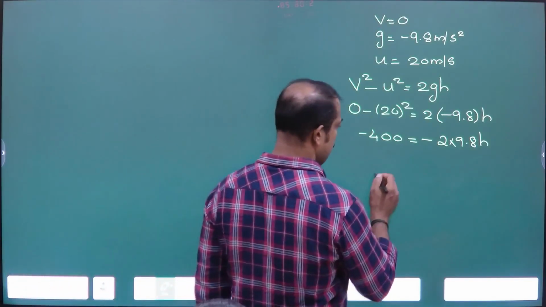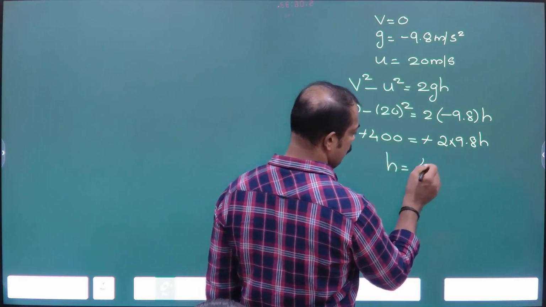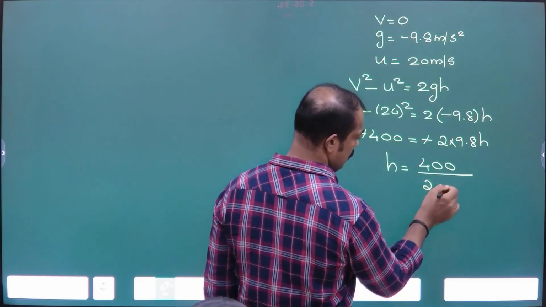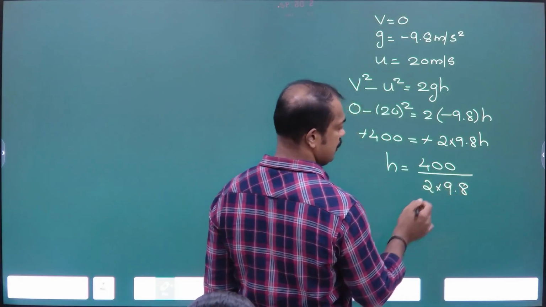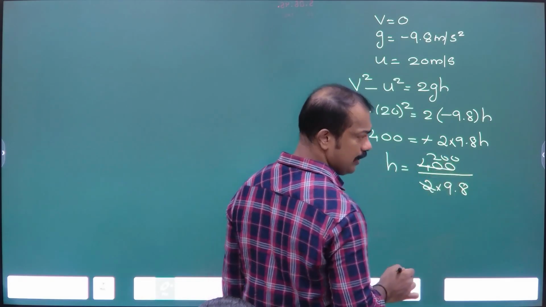And minus minus cancel, H is equal to 400 divided by 2 into 9.8. 2 cancel with 400, that is 200.